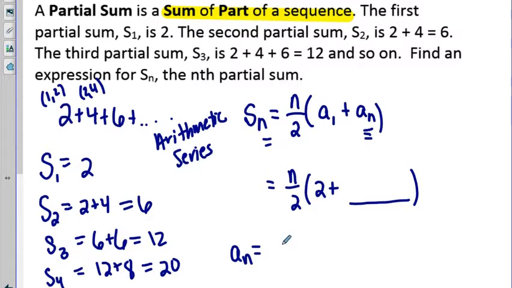So if I think of it like this, I get a slope of 2. And then if I use this point 1 comma 2, my n term is 1, and my a sub n term is 2. So I'm doing point-slope form of a line.